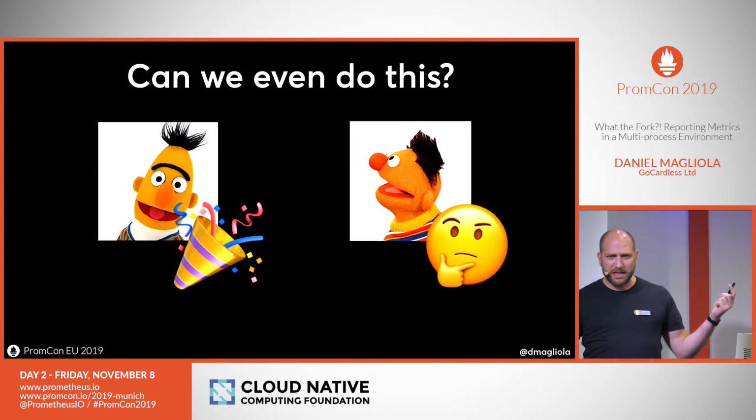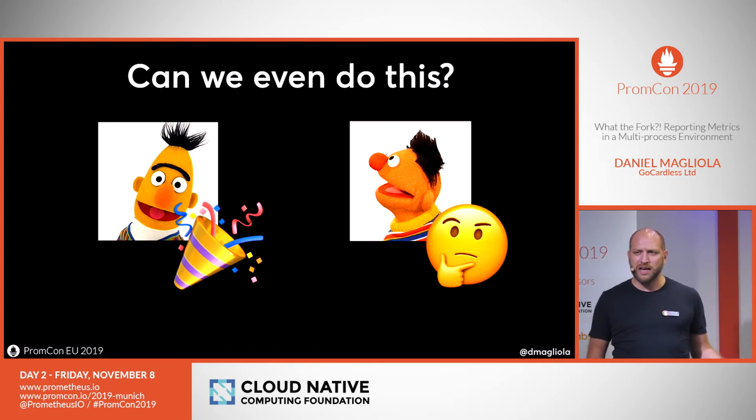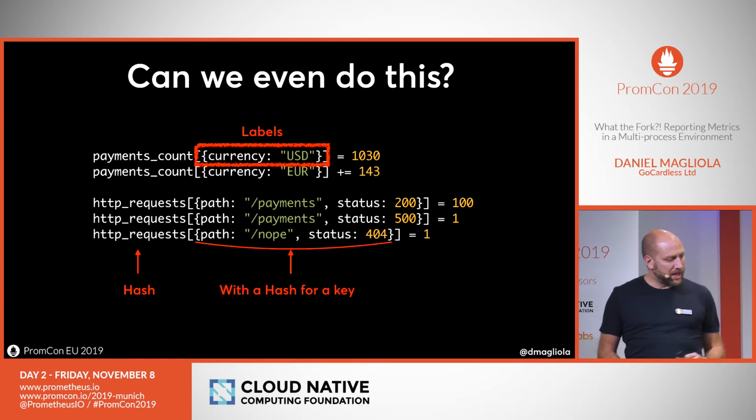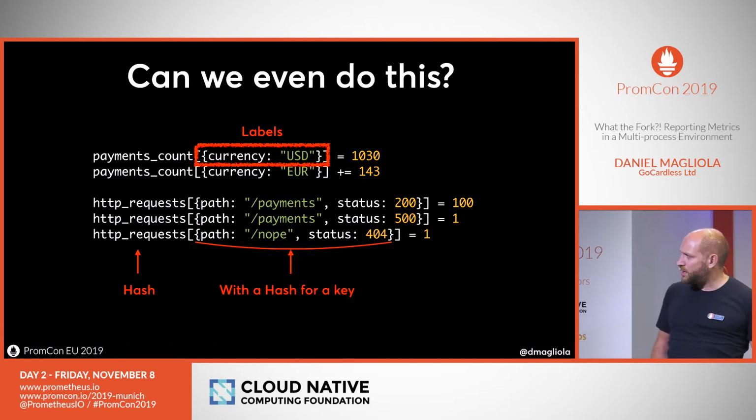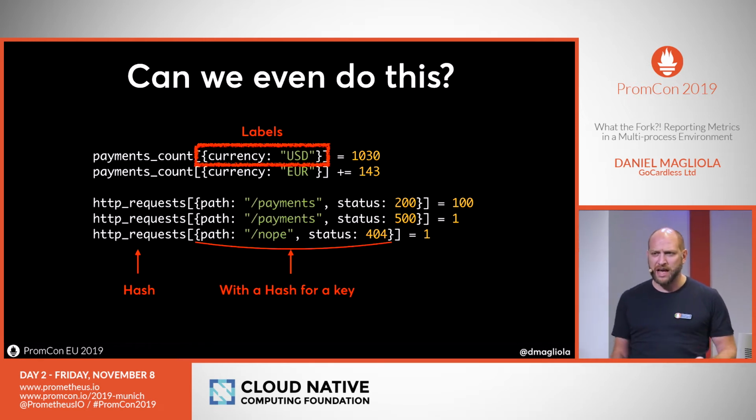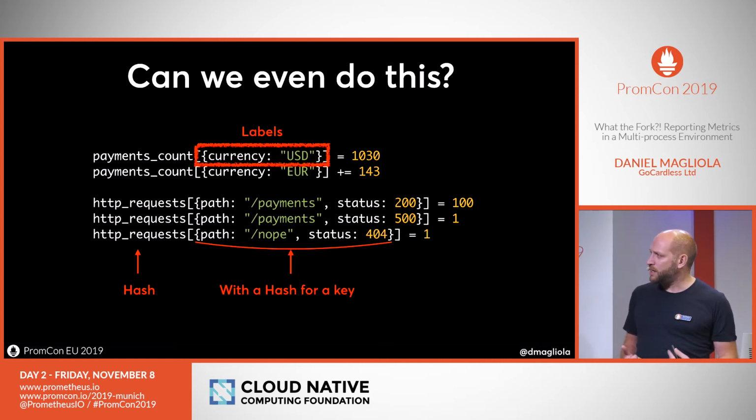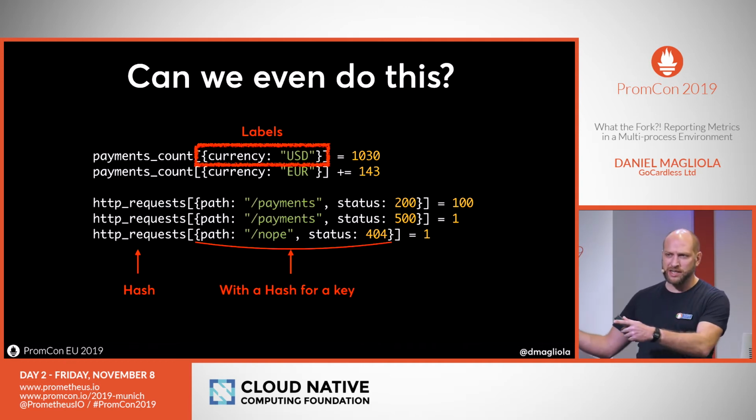Now, if you remember that GitHub conversation, they were talking about storing numbers in hashes. But why do we use hashes instead of integers? Well, the answer to that is labels, right? In the Ruby client, labels are specified in a hash with the keys and values, which is the interface that makes most sense for Ruby programmers. And we are internally storing numbers in a hash indexed by those hashes.